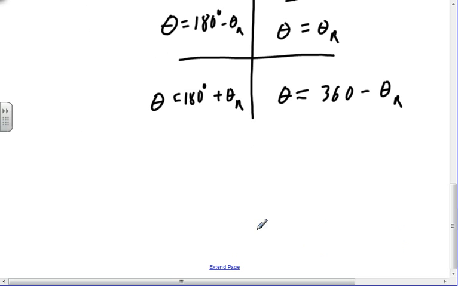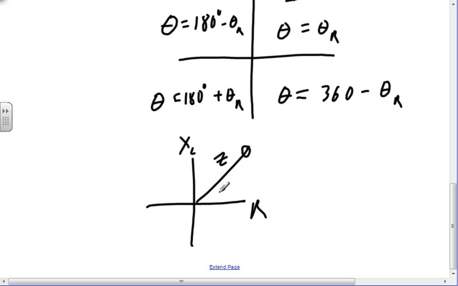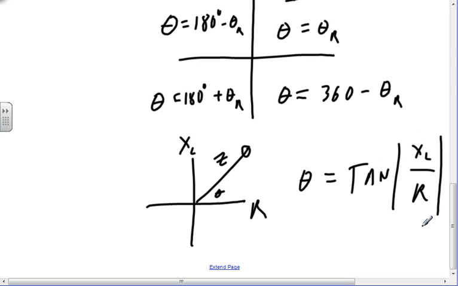So when I look at, I've got some resistance, and I have some X of L, and I have some impedance Z, and I have some angle theta. Well, that angle theta becomes the arctangent, absolute value, so I'm in the first quadrant, although I'm already in the first quadrant, of the X of L value divided by the R value.